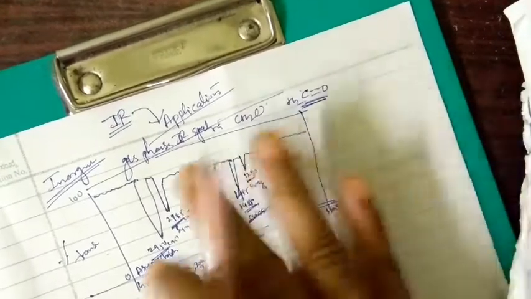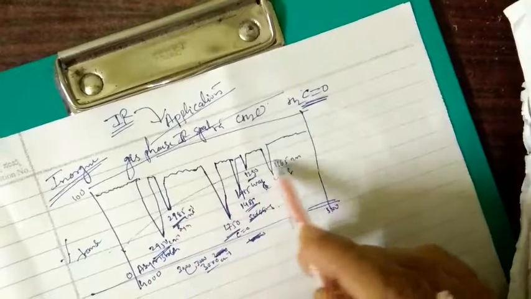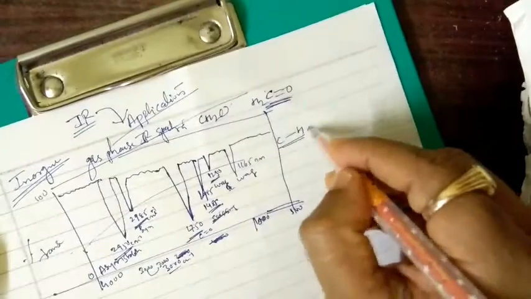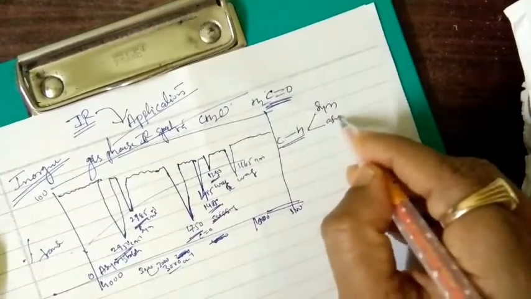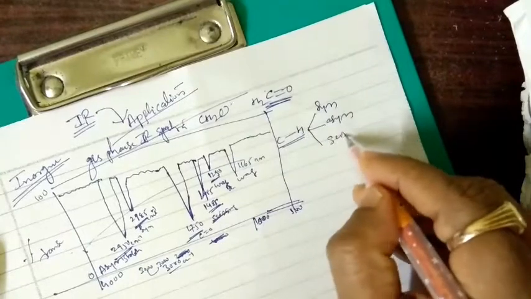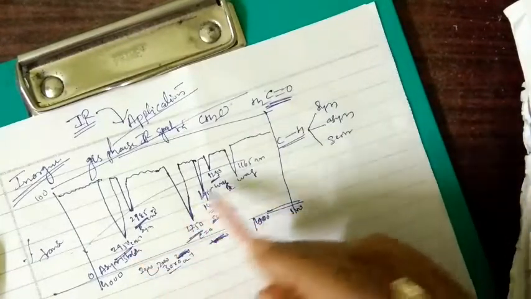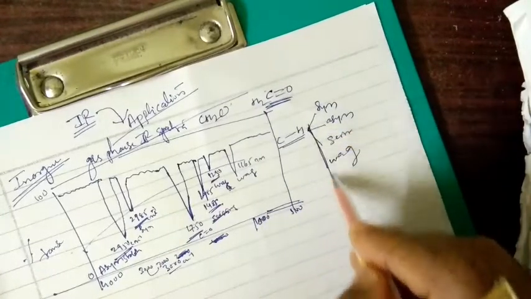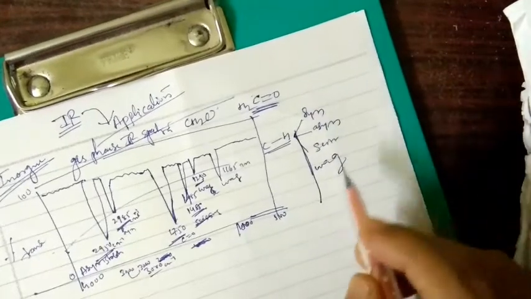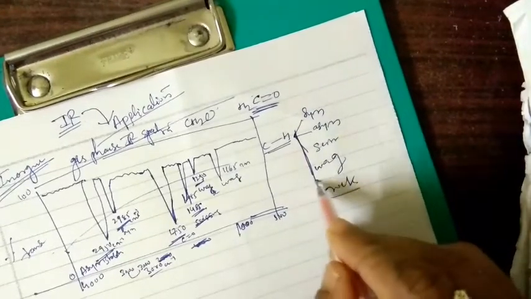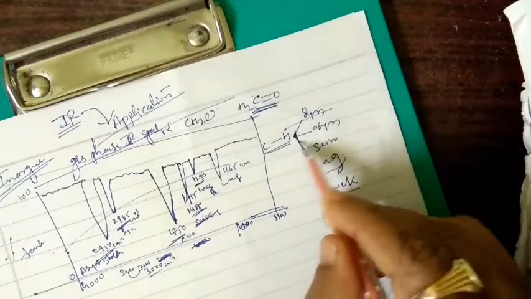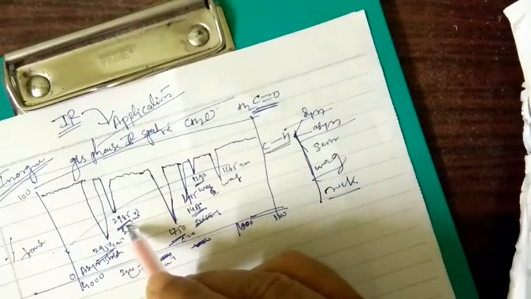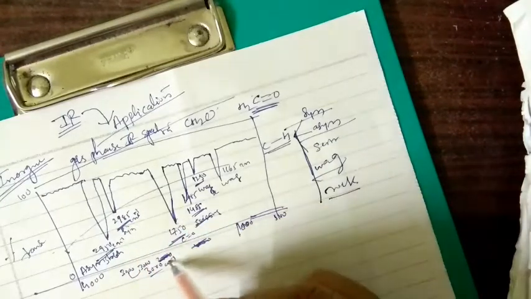So these are different modes we have seen: CH stretching, that is symmetric and asymmetric stretching, then scissoring, wagging, and rocking.